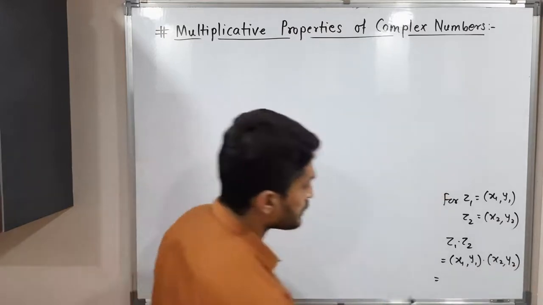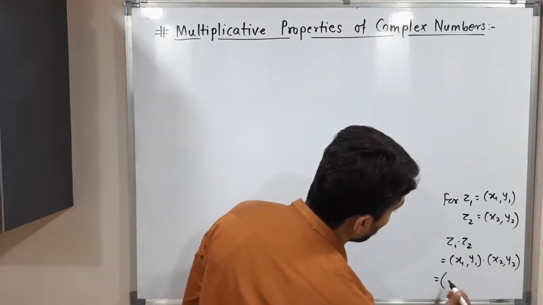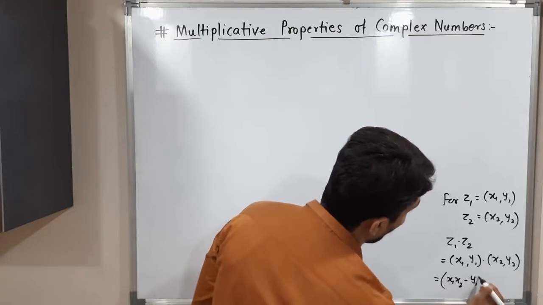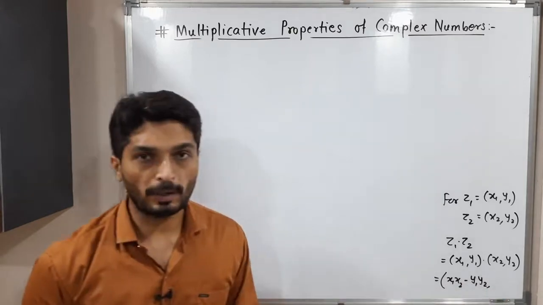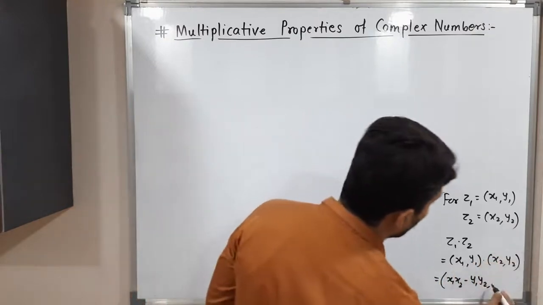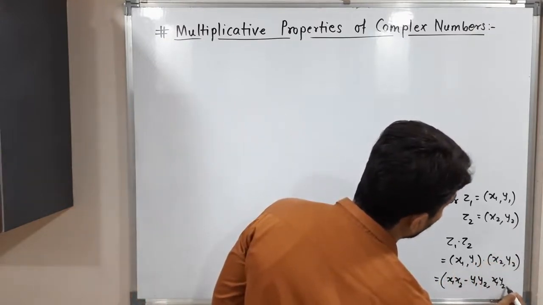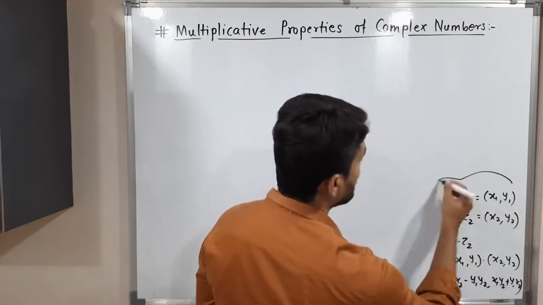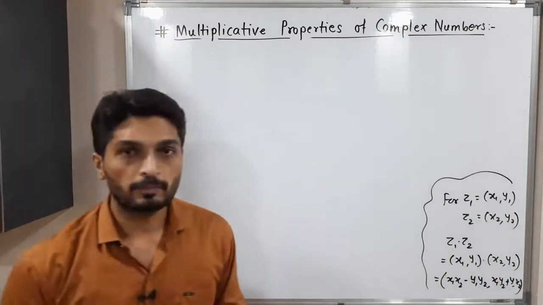See, multiplication is defined in this way. Product of first two, that means x1 x2 minus product of next two y1 y2, comma, the first component is over here. Let us go further. Now first into second x1 y2 plus second into first y1 x2. So that complex multiplication is defined in this way.